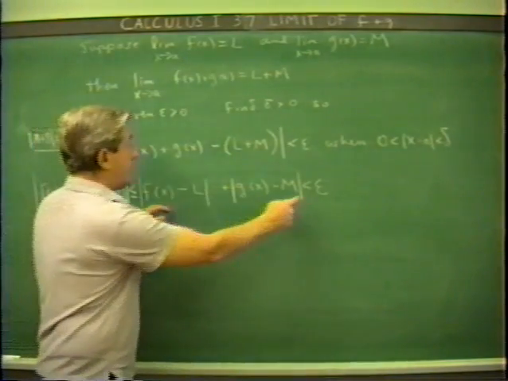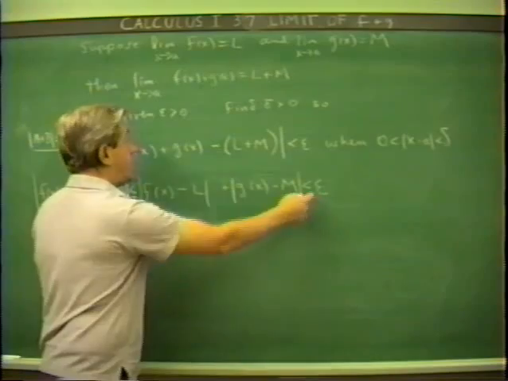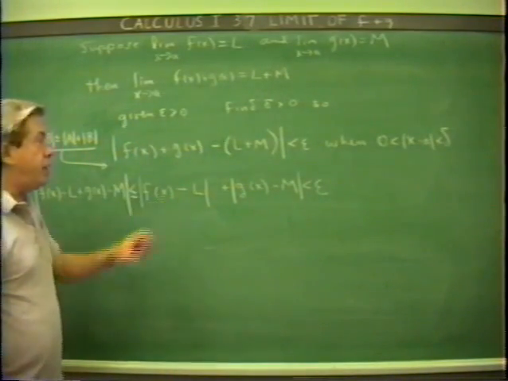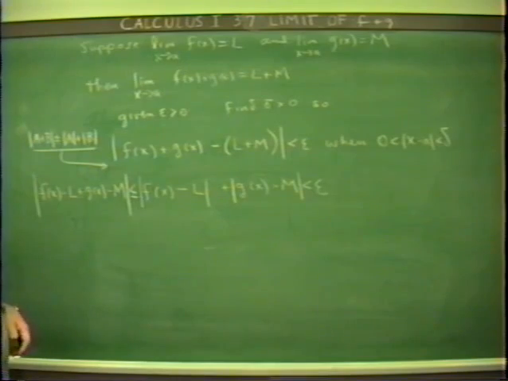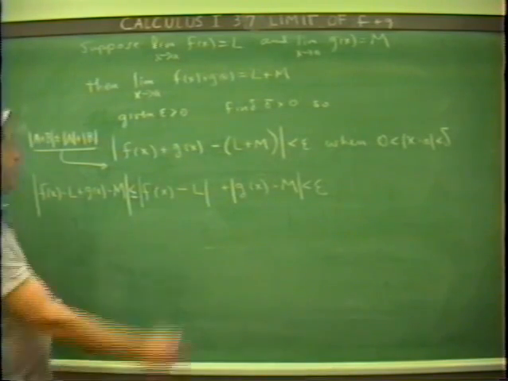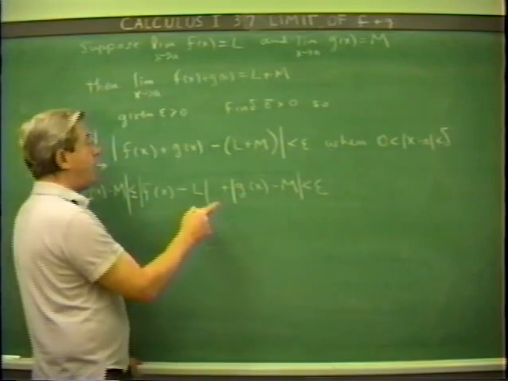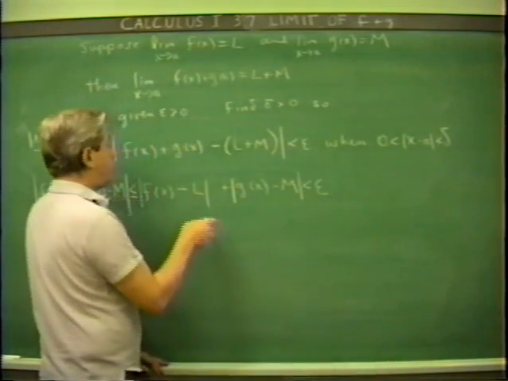There is a delta so that f of x is larger than m when 0 is less than x minus a is less than delta. On the left, f of x, change this to 0 less than a minus x less than delta.